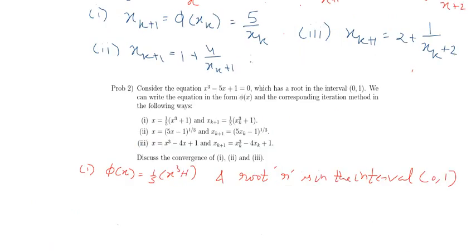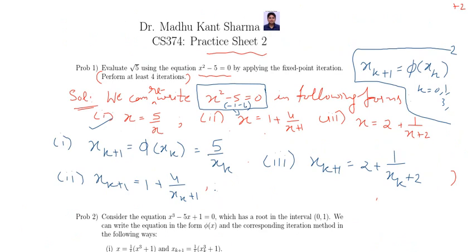Now if you look here, S is root 5. If it converges, it should converge to root 5, right? Now you have to discuss for each case what will possibly be phi dash.